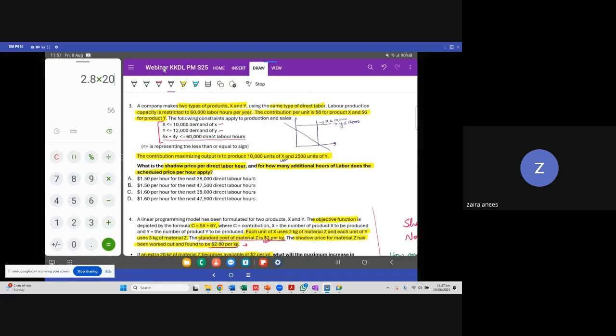Now you need to identify, for the shadow price, which two lines we should solve along with the labor hour. The labor equation is 5x plus 4y less than or equal to 60,000. Right? We need one more equation. So what should that equation be? X or y?